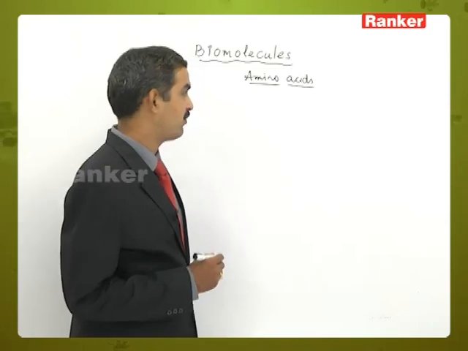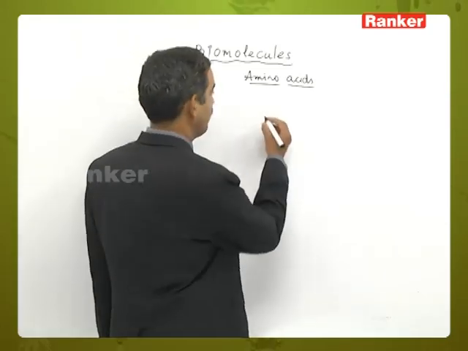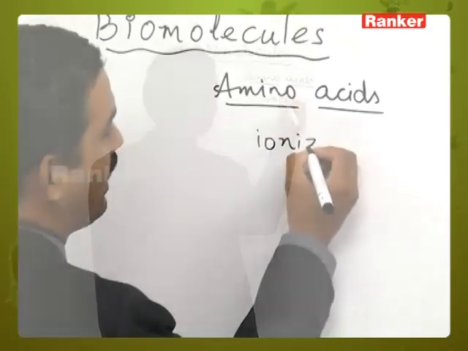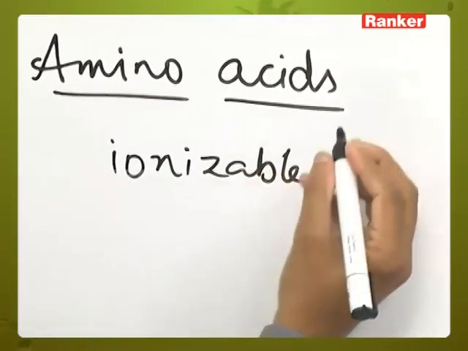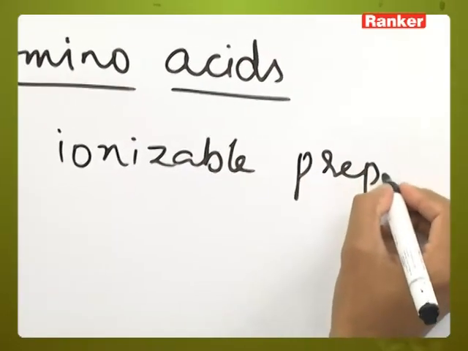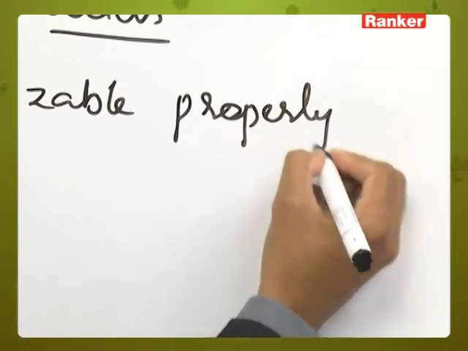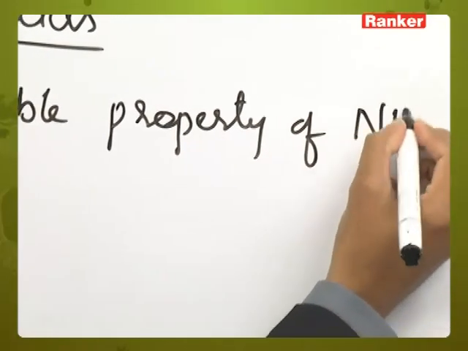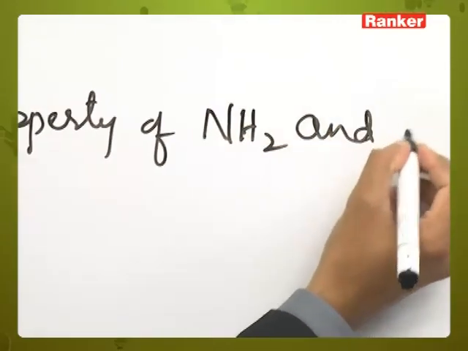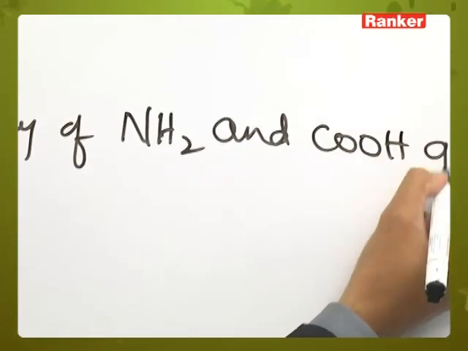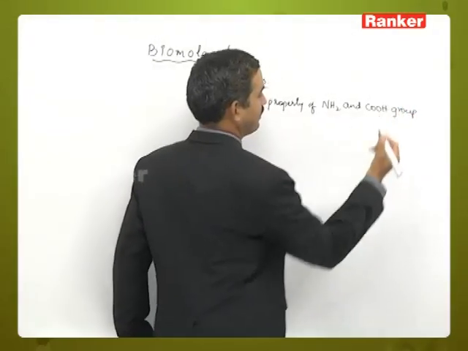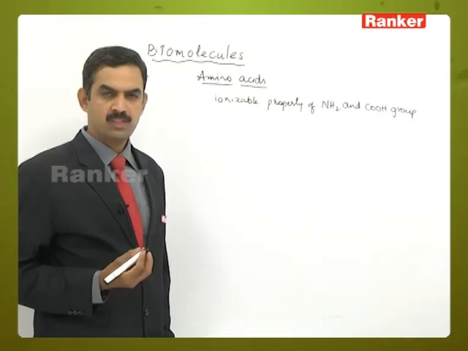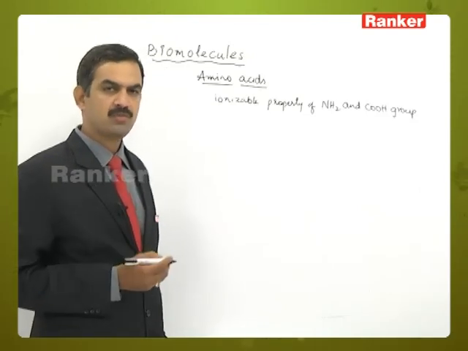Amino acids have one particular specific character, that is the ionizable property of the NH2 and COOH groups. That is, in solutions of different pHs, the nature will change.